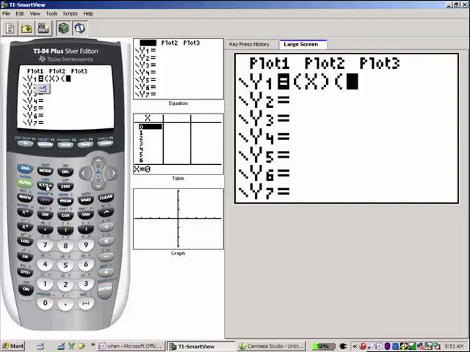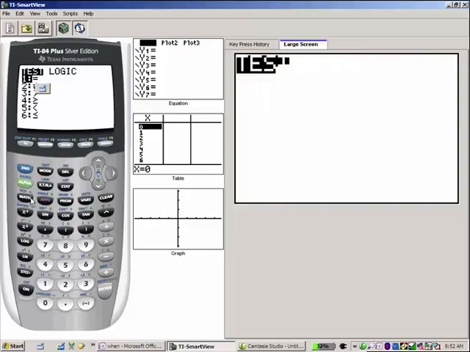Parenthesis, x. But I think I'm about to show you a button you've never seen before, or a character you've never seen before. Second, math, which is the test catalog.